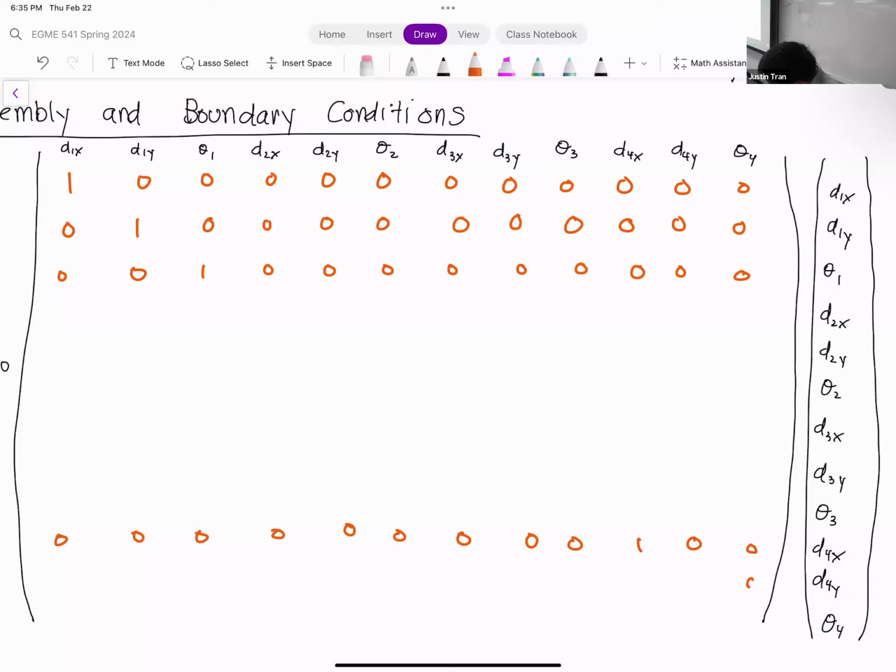Okay. 0, 1, 0, 0. We have our fixed support boundary conditions in, and that's half the matrix, honestly. So we've already kind of done a lot of the legwork here.